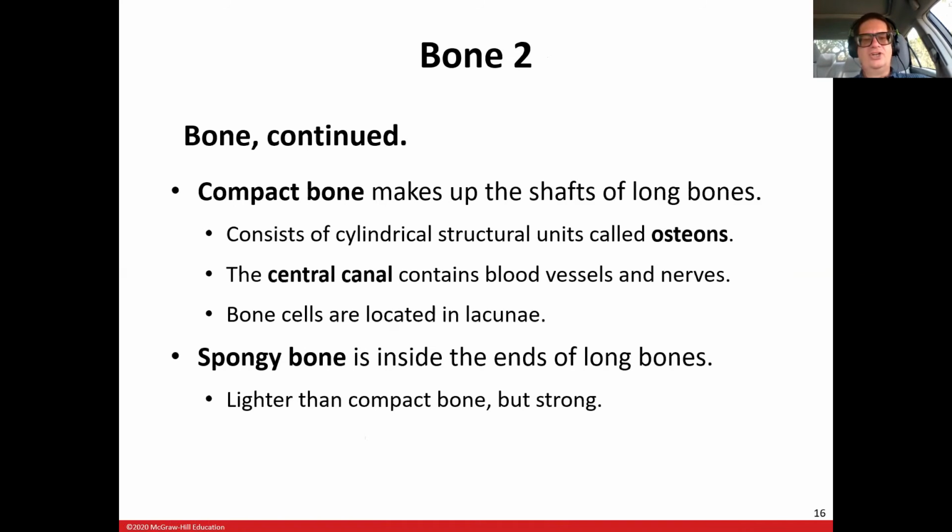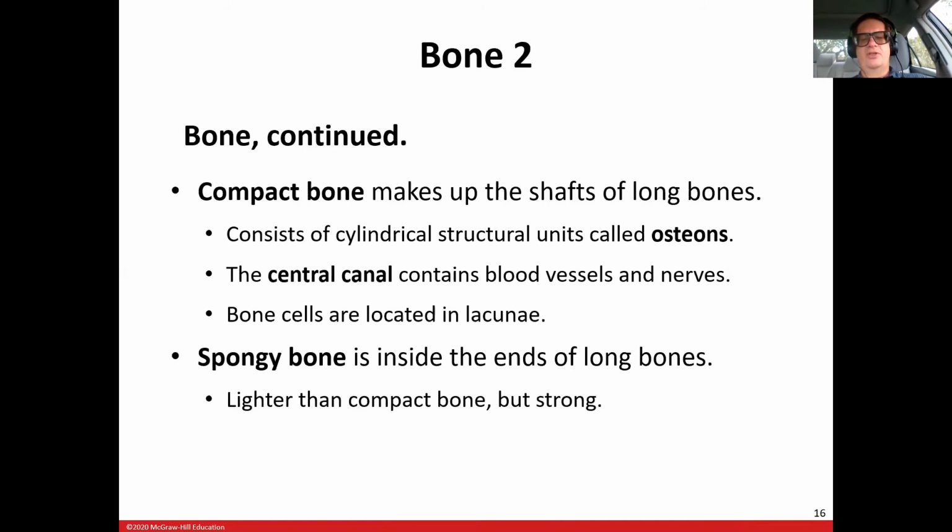So each osteon is a tall vertical cylinder. In the middle, it has a central canal, with blood vessels and nerves, and just like I said, the bone cells are also in little lakes, little spaces we call lacunae. And the lacunae are connected by little canals we call canaliculi.